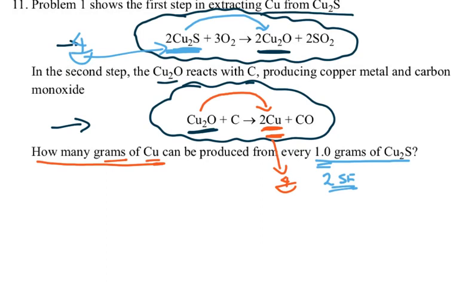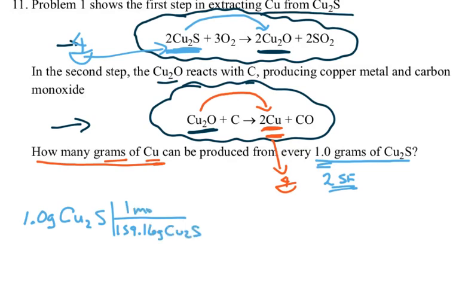So, what are we going to do? We're going to start with 1.0 grams of Cu2S. Here's 159.16 grams of Cu2S for every mole. Now we're going to hop to this other.